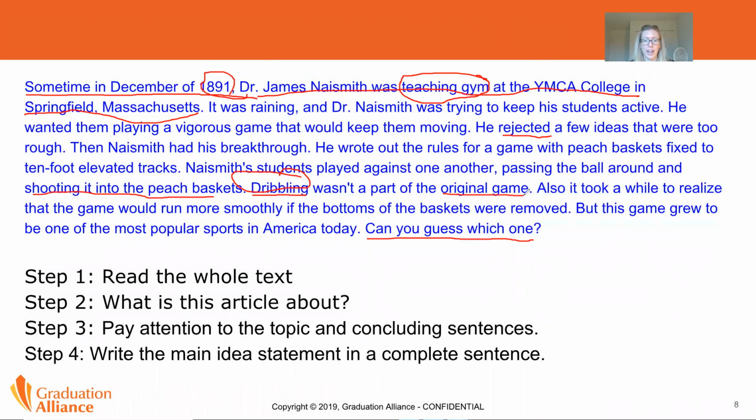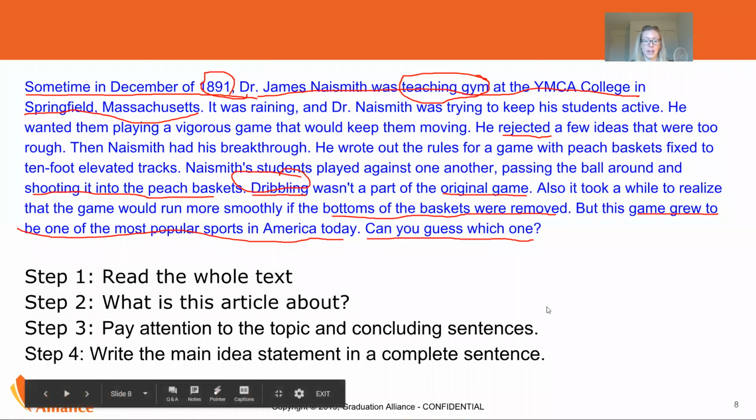This says original game. So maybe it's hinting that this game has changed. And then he cut out the bottoms of it. The game grew to be one of the most popular sports in America today. Okay, these are all kind of giving me some clues. It's about basketball and specifically about how it started, right?